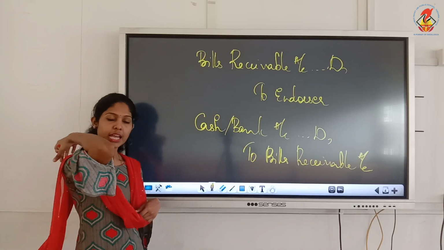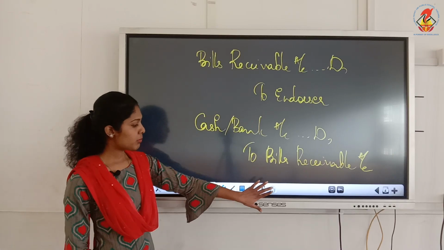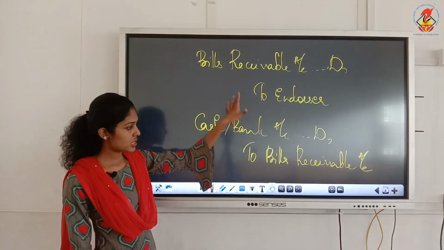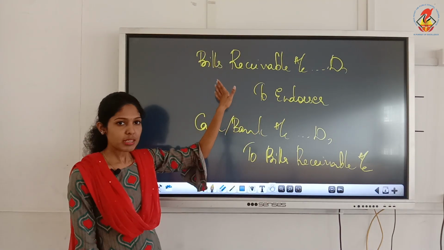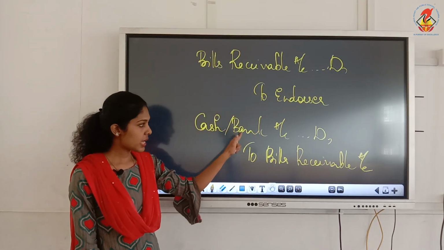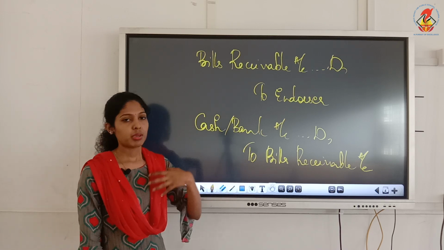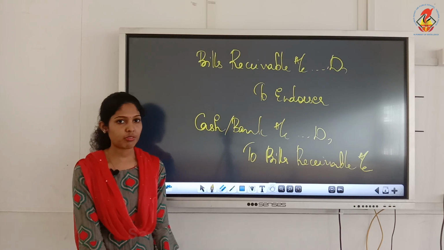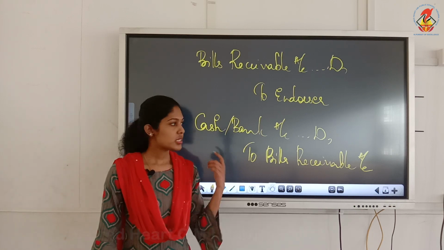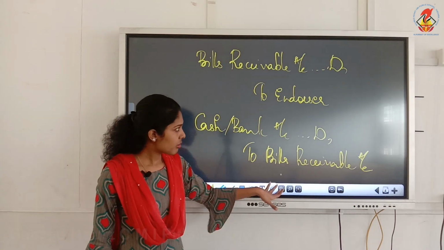So it is finally cash or bank debit to bills receivable when endorsee receives the payment. Drawer or A Limited can't record this entry because he will not be getting the payment. The firm will not be getting the payment because we have endorsed the bill in favor of a creditor. So this is the entry in books of endorsee.